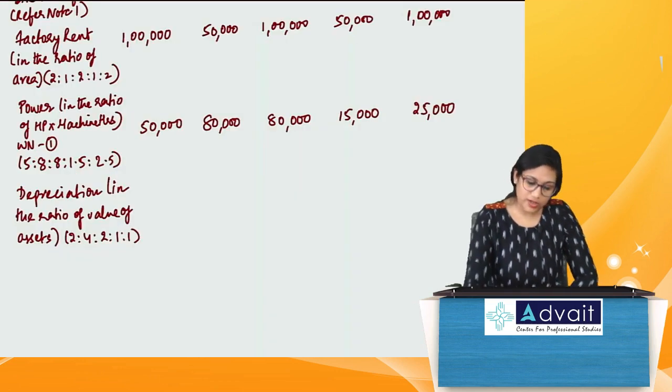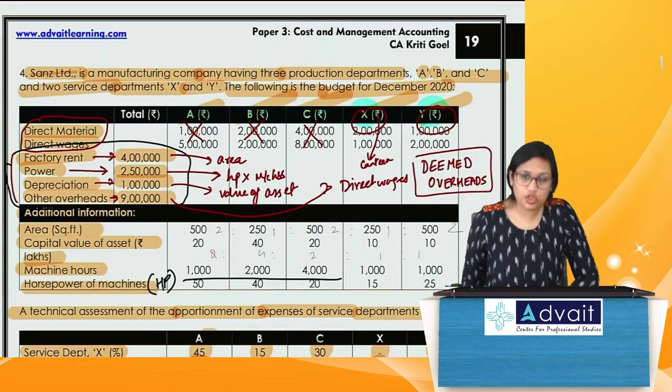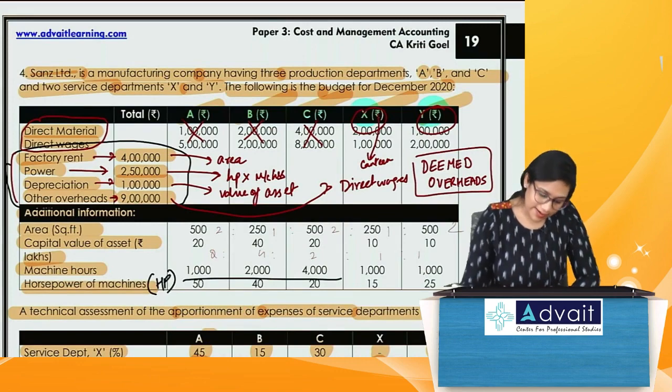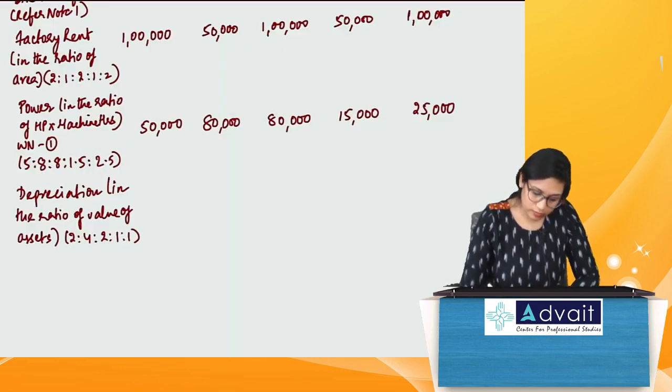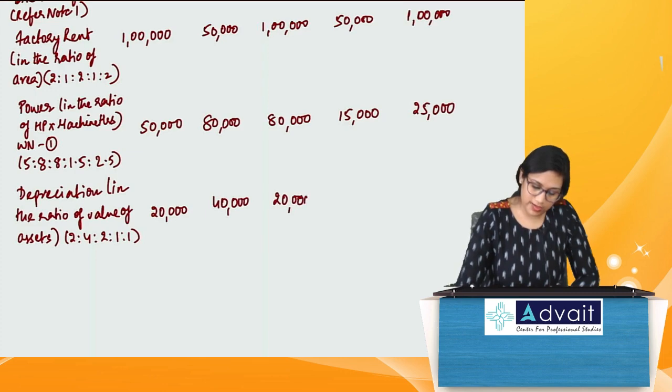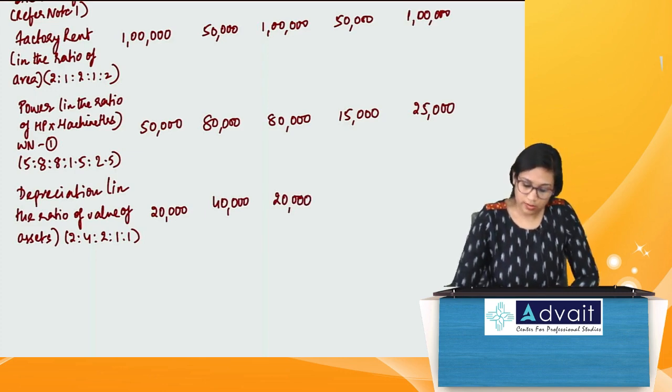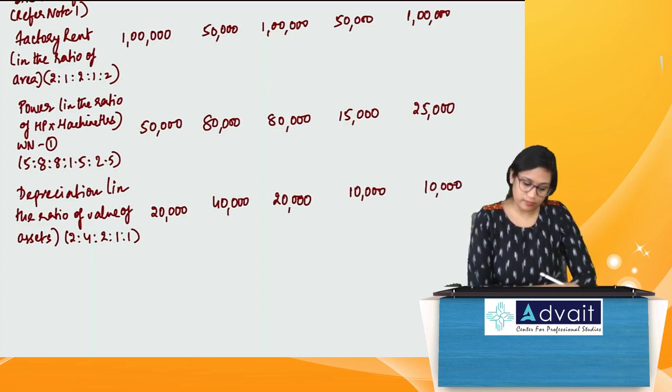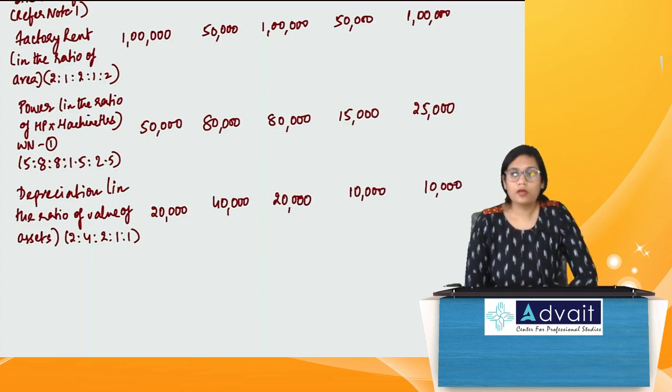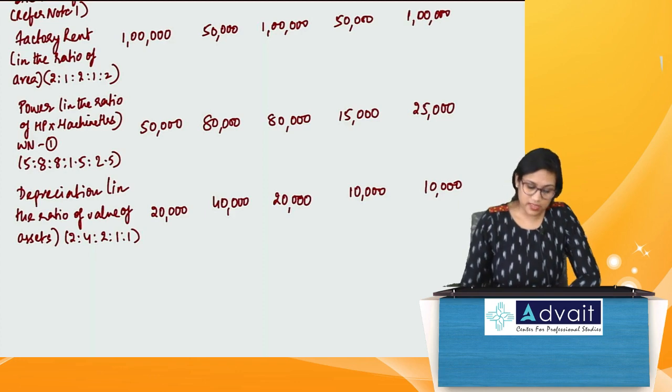Perfect. How much is the depreciation? 1 lakh. So 20,000, 40,000, 20,000, 10,000, 10,000. That's right.